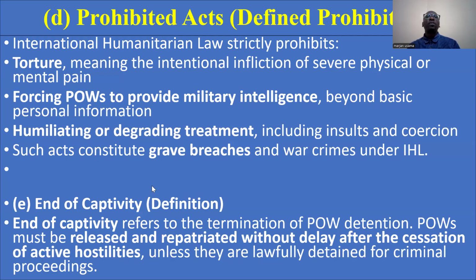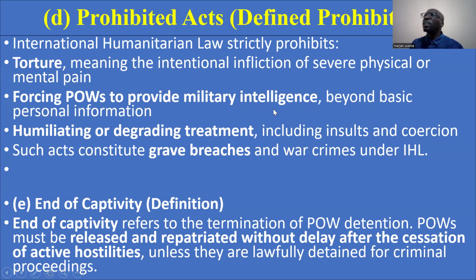Now, what are the prohibited acts? International humanitarian law strictly prohibits torture of the prisoners of war, meaning the intentional infliction of severe physical or mental pain. This is what normally happens in most of the detention camps. Forcing prisoners of war to provide military intelligence.